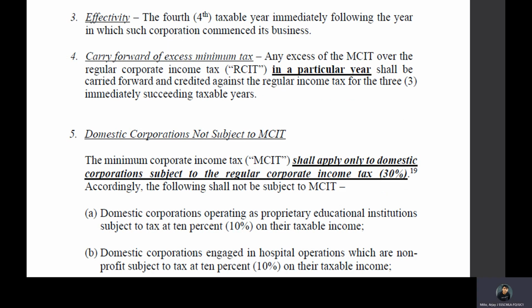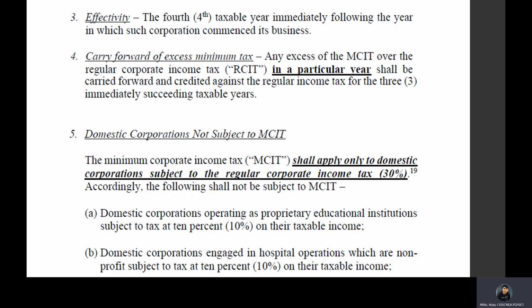So ang effectivity ng MCIT is during the fourth taxable year immediately following the year in which such corporation commenced its business. So during the first 3 years, hindi pa pwedeng i-impose tong minimum corporate income tax rate on the rationale na ito yung kumbaga grace period na binibigay ni government. Of course, kasi if you're nagsisimulang business, most probably losses talaga yan during the first place.